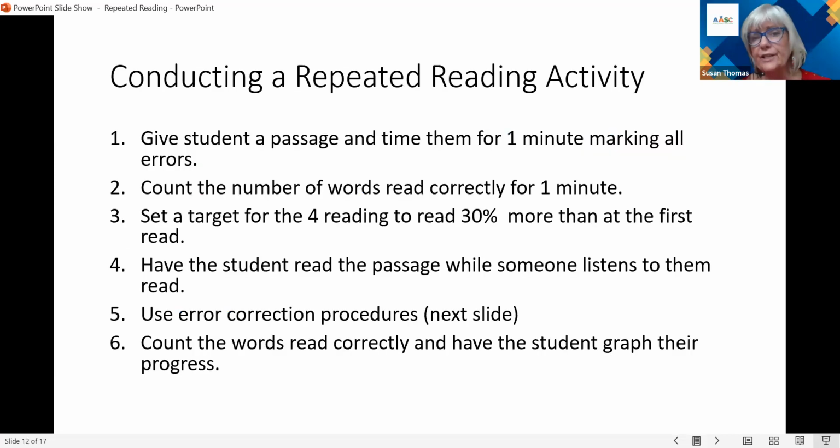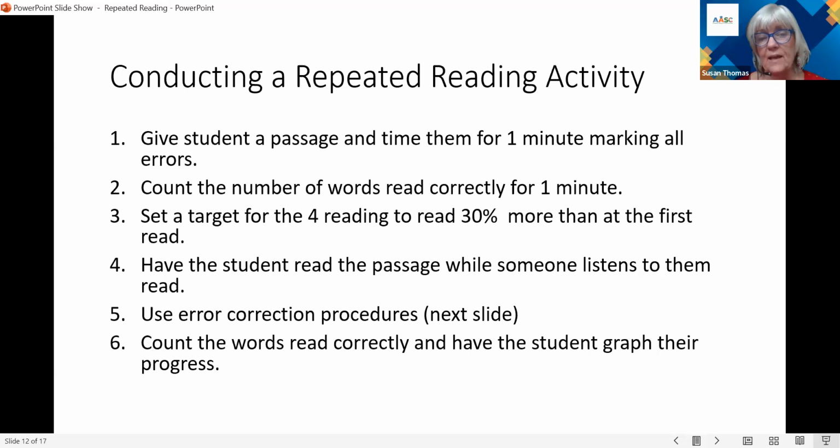So when you conduct the repeated reading activity, the student gets the passage, and you time them for 1 minute, marking their errors. And you count the number of words read correctly in 1 minute. So if they read 50 words and they made 5 errors, then it would be 45 words read correctly in a minute.